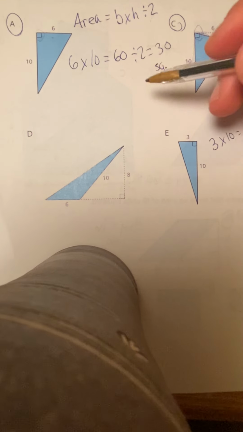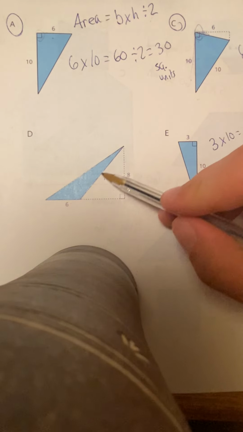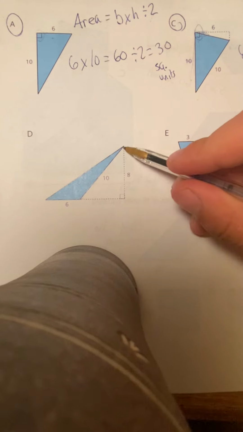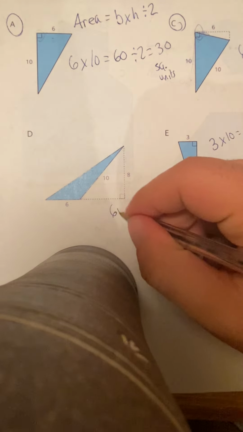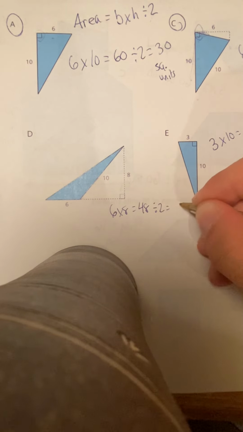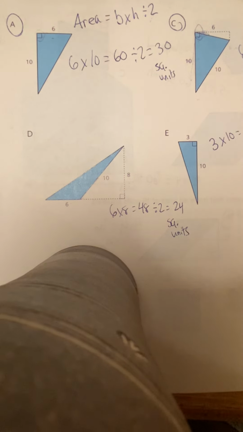And then D. 6 is my base. 10 is not your height because it is not perpendicular. But this 8 is perpendicular. That's your height. So you do 6 times 8, which is 48. And then don't forget to divide by 2, which is 24 square units. Alrighty, so D is also not equal to 30. All right, next page.